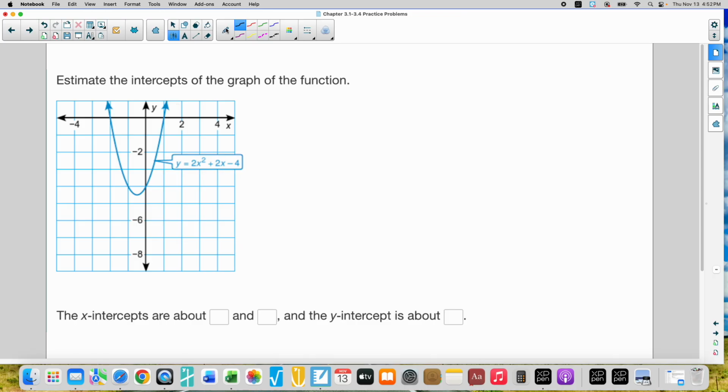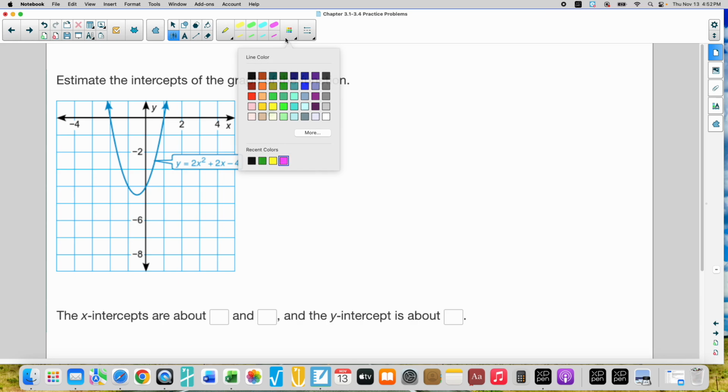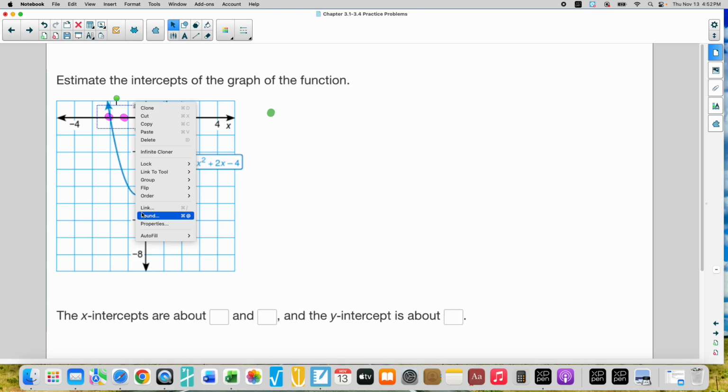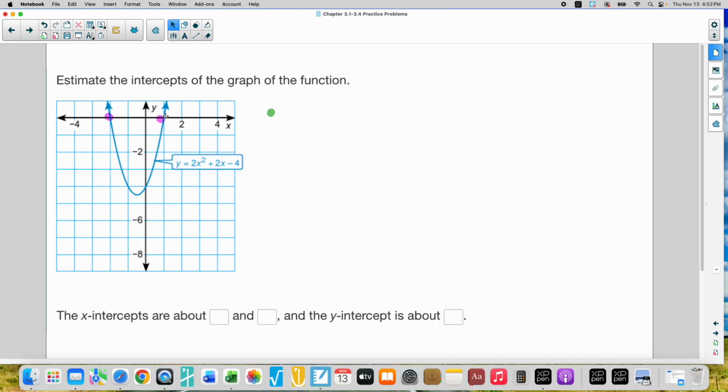So notice this one. Let's go back to my other color and do 2 of those, and we can grab them. So x-axis is going to be, oops, I want to separate those. Group, ungroup. Thank you.